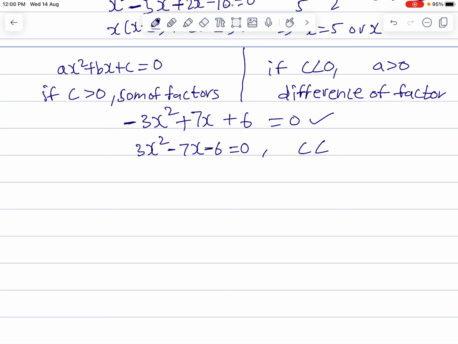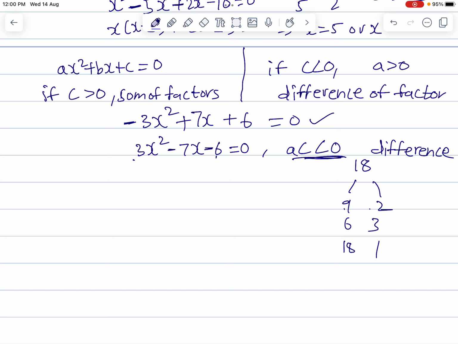Now since c is less than 0, which is minus 6, we should go for difference. So 6 into 3, 18, 9 2s, 6 3s, 18 ones. But 9 minus 2, we should go for difference now, because c is less than 0, or we can say AC is less than 0.